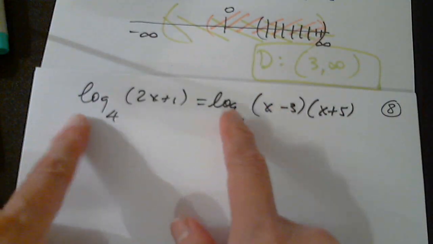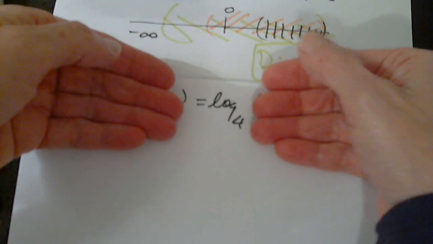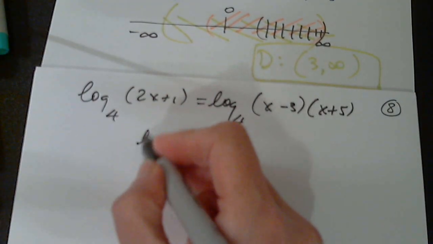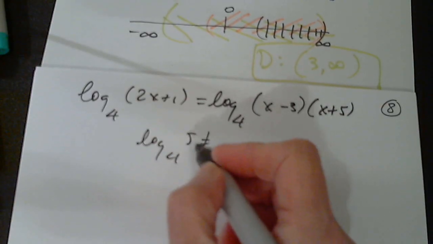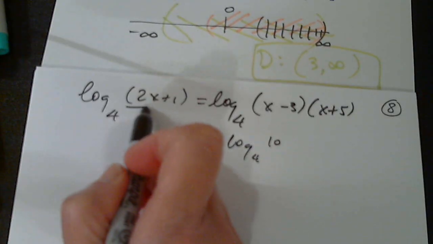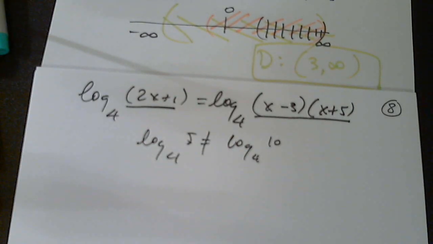So here's the idea. Two logs in the same base applied to these quantities are equal to each other. The quantities must equal each other. There is no other way, because log base 4 of 5 does not equal log base 4 of 10. So this quantity and this quantity have to be the same.